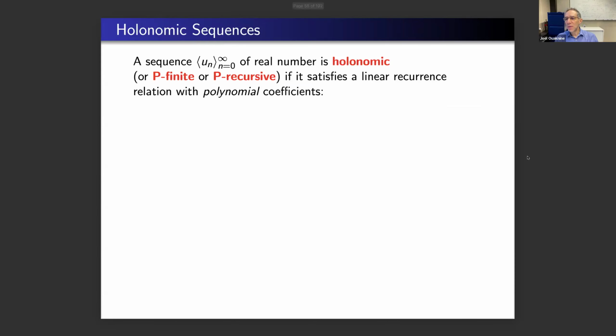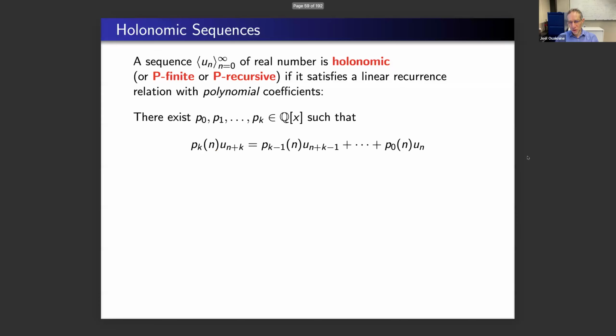So let me define these things a little bit more formally. A sequence of real numbers is so-called holonomic, or P-finite, or P-recursive, if it satisfies a linear recurrence relation with polynomial coefficients. Let me just be precise about this.